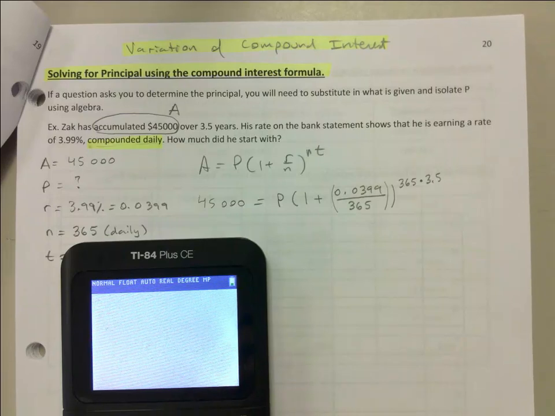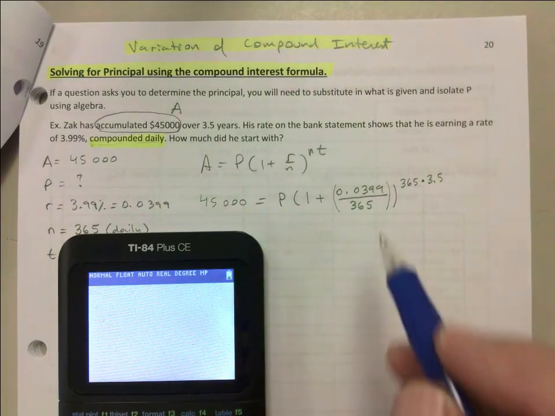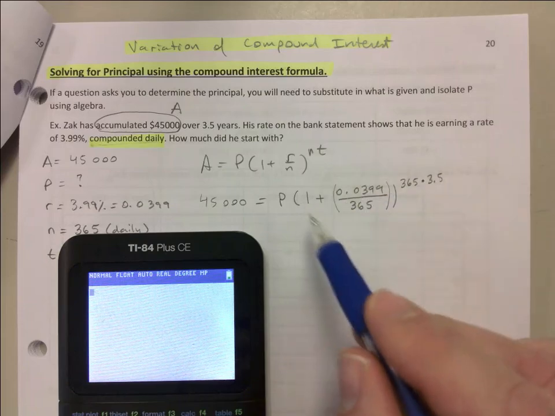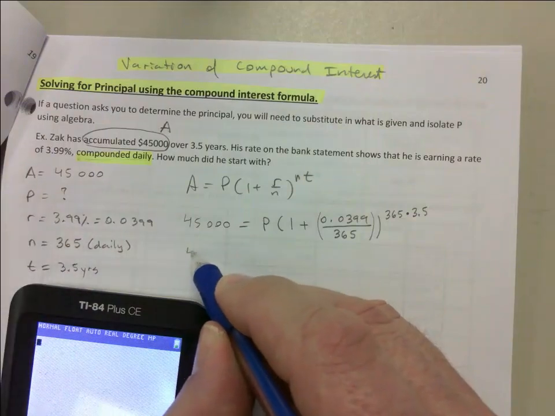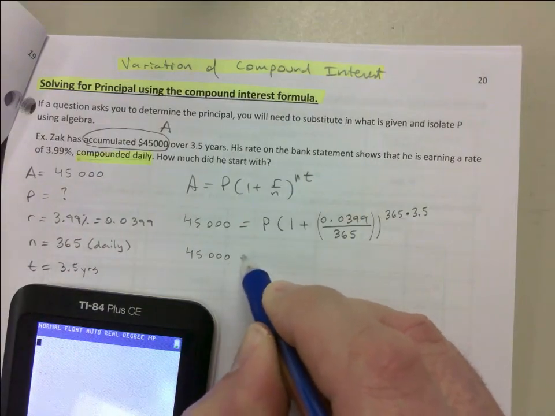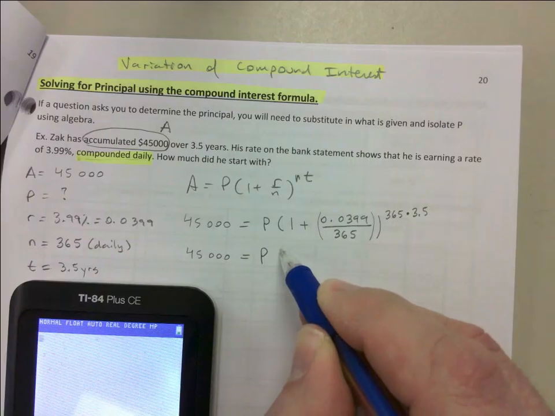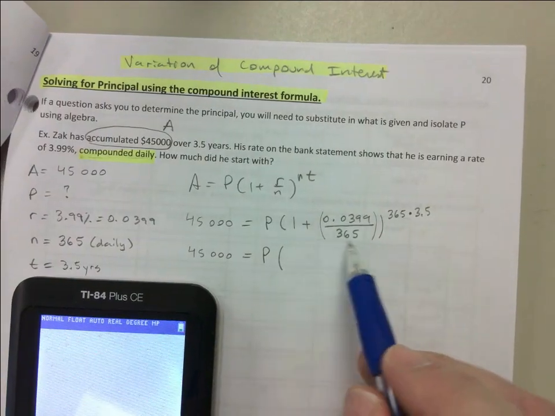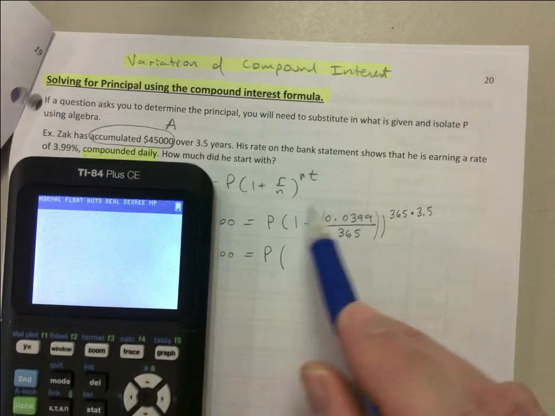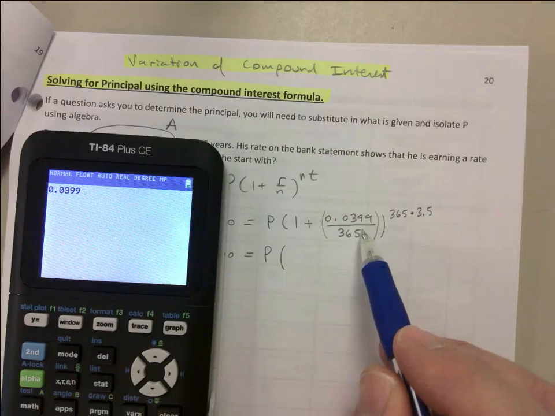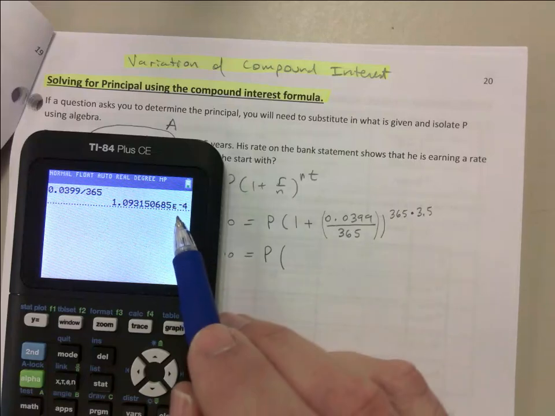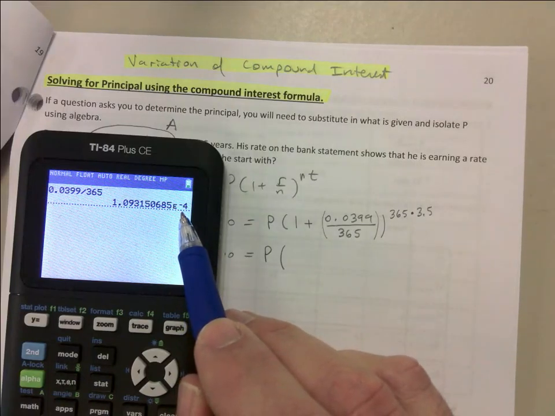So this is what I'm going to do here. I'm going to slowly clean this mess up. So I'm actually going to copy down the 45,000. That's not going to go anywhere yet. P stays. I'm going to do whatever's inside the bracket. I'm going to figure this part out. So I go 0.0399 divided by 365. And look, there's an e to the negative 4. Don't worry about it too much.